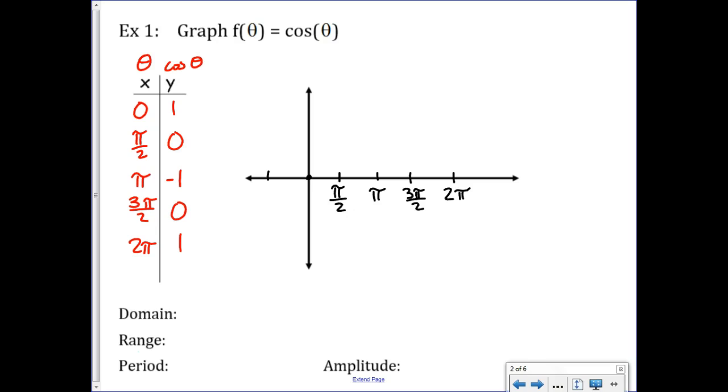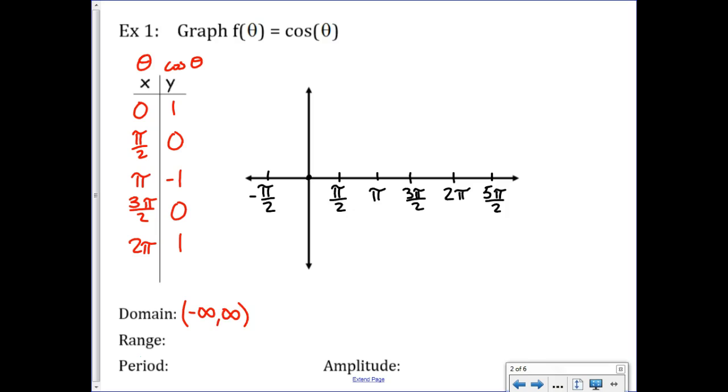And then I can even go backwards and do negative pi over 2. We can keep going with this past 2 pi, so we could go to 5 pi over 2. This graph will go on forever. So what that means is our domain has no restrictions: negative infinity to infinity.